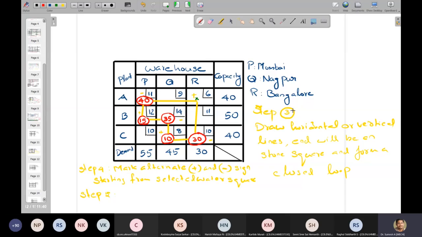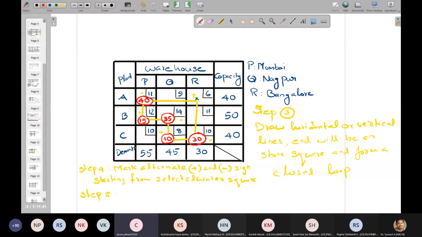Now see the negative signs. Which cells have the minus sign coming? AP, negative sign. AP, what's the value?